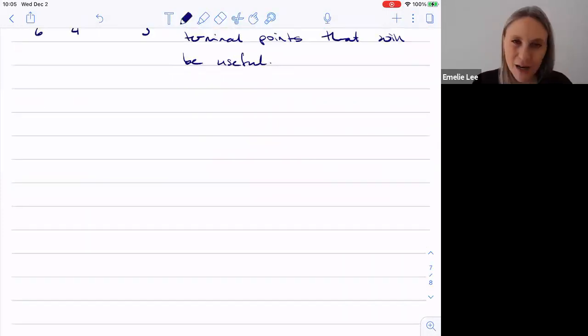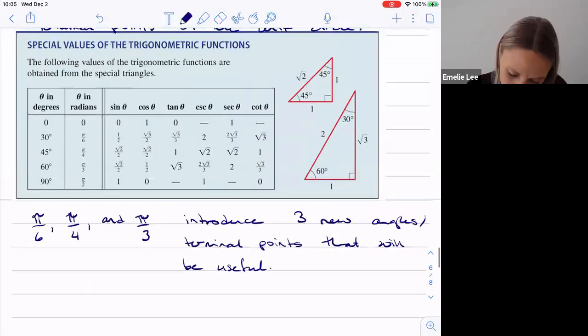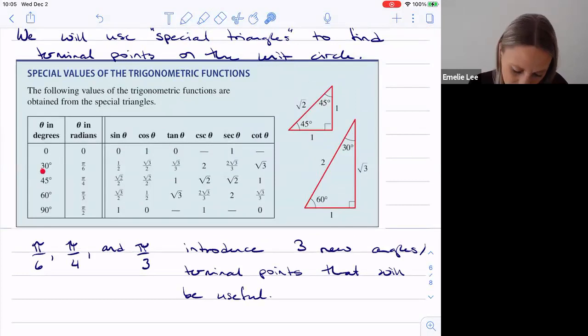So I'm going to try to put all these on the same unit circle. Wish me luck. Because what I'm going to do is notice that 30 degrees is pi over 6.